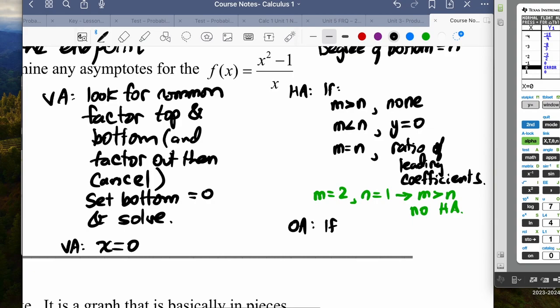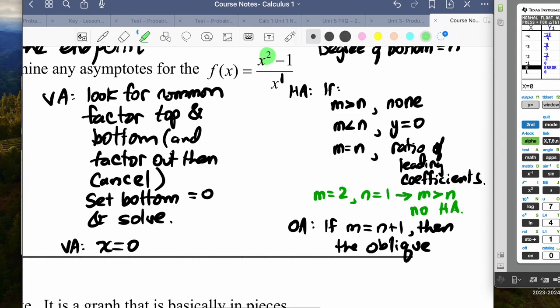If m is equal to n plus 1, then the oblique asymptote exists. The numerator's degree has to be exactly 1 more than the denominator's degree, which is what we have here because this is a power of 1. All right, so that relationship is tailor-made for the oblique asymptote.